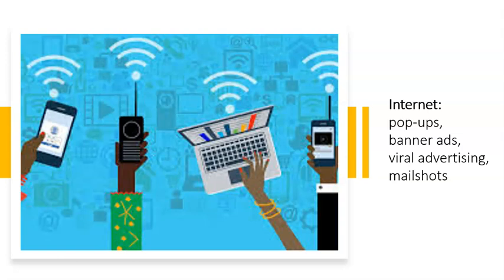And here are our mail shots. A mail shot is an advertising campaign that is sent to a database of existing customers or potential customers. Next, outdoor advertising. What can we see there?